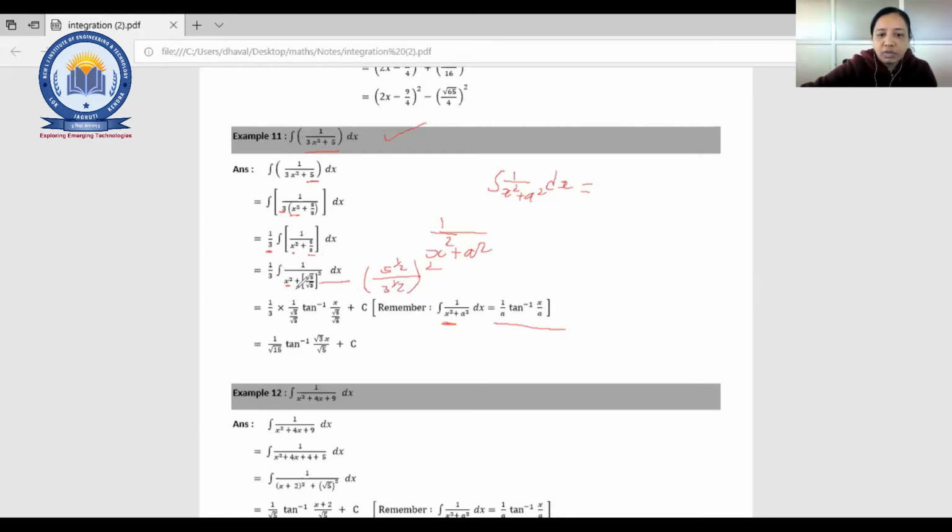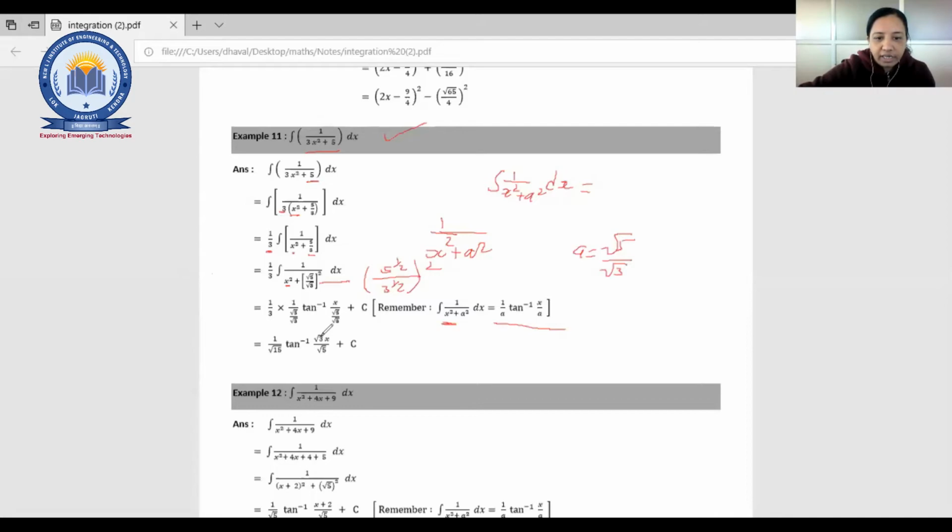Now it's a term of 1 upon x square plus a square, where x equal to x and a equal to root 5 upon root 3. So just replace it in that equation. You'll get 1 upon root 15, after simplification, tan inverse x upon root 5 by root 3.